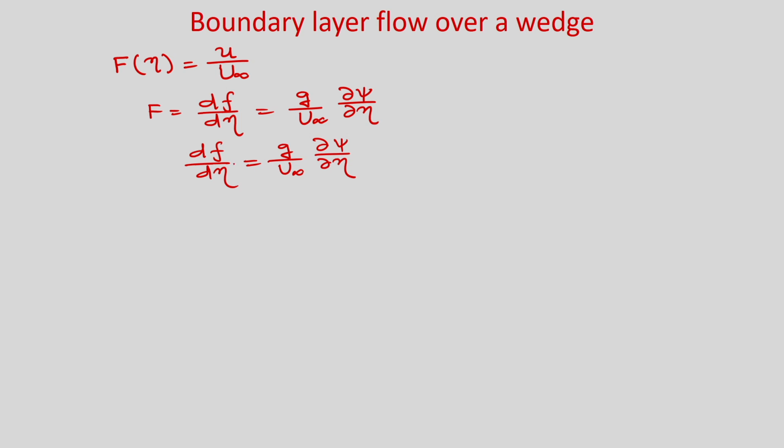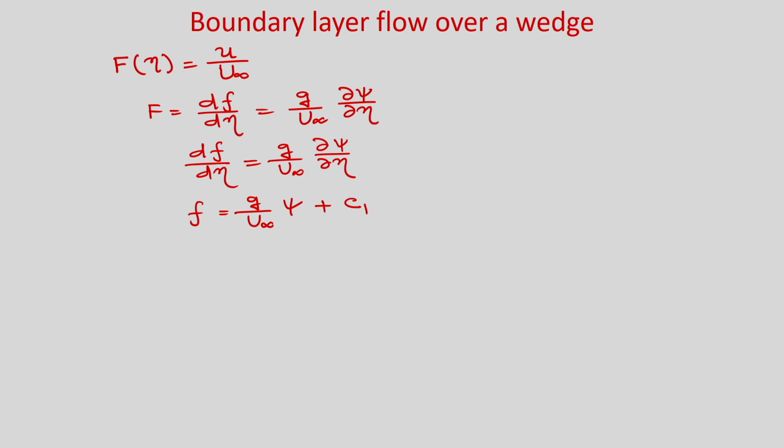Now, if you integrate both sides with respect to eta, what will you get? You will get f is equal to g, and u infinity is a function of x, so as we are integrating with respect to eta, you can keep it outside. So, you will get psi plus some constant c1.